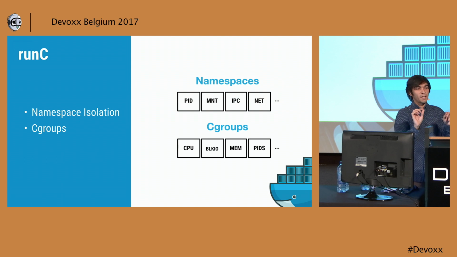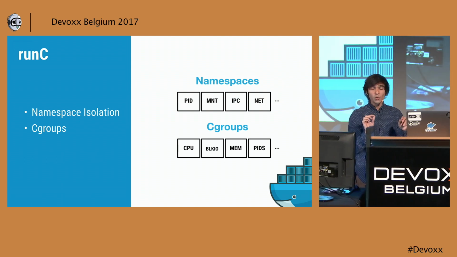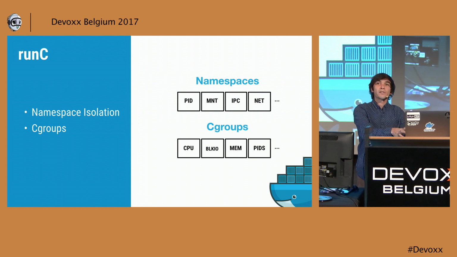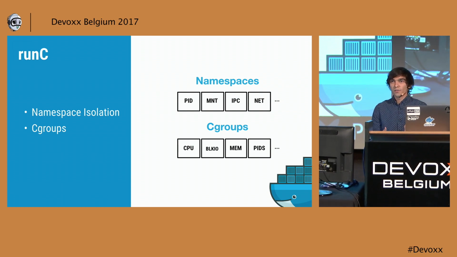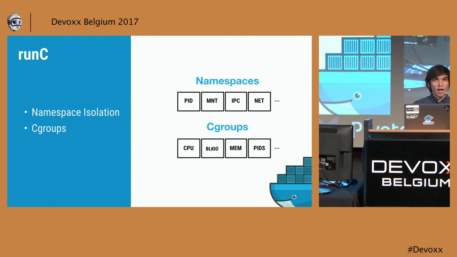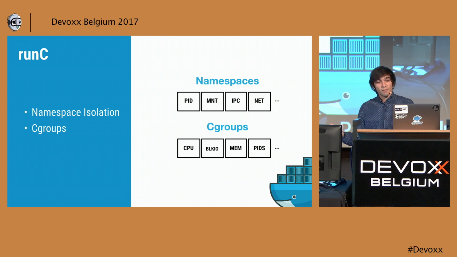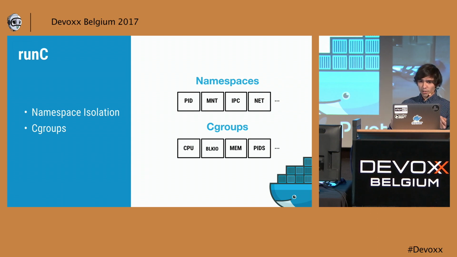So with RunC, you can set up the namespaces to say this container can only see this, and the C group to say this container can only use this. Really, RunC is all about giving you the ability to create containers and to set up these underlying Linux primitives for your containers.